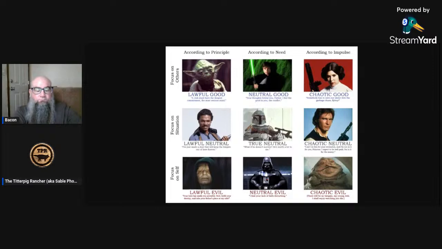So this is what the alignment system does for D&D, and D&D being a multiverse, as much as that word has become a shibboleth in the last few years. Thank you, Disney Marvel. But the fact that D&D has so many different settings, so many different options, you need something to wrap them all into the D&D umbrella, and that is the alignment system.